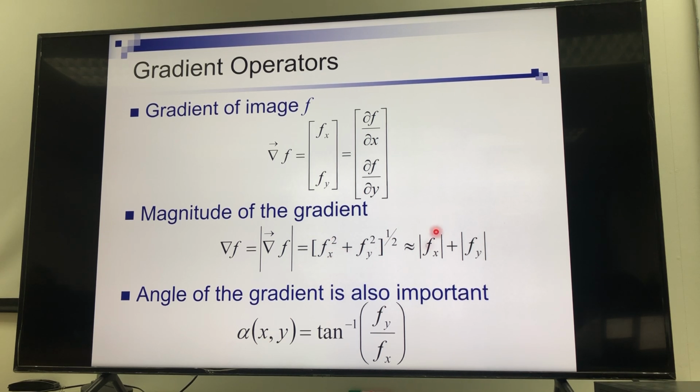But this calculation can be computationally expensive, because you have to square them and then take the square root. So if you want to implement it in hardware, a lot of times you just use the absolute value of fx plus the absolute value of fy. The two are not much different. You can try it at home.